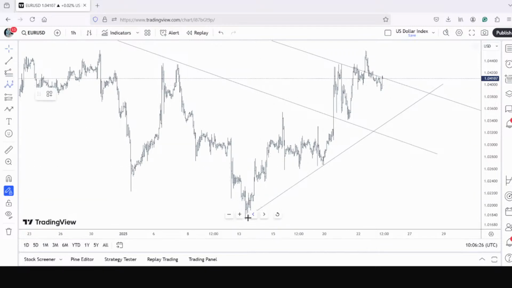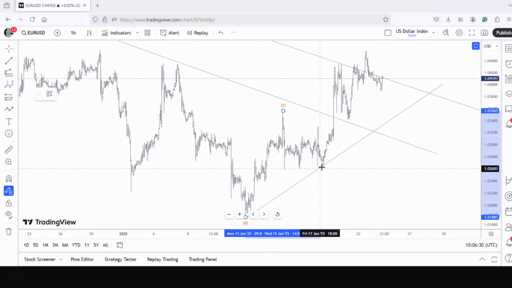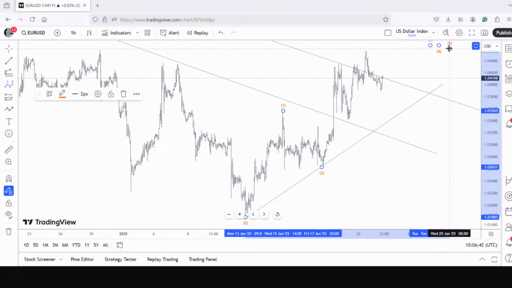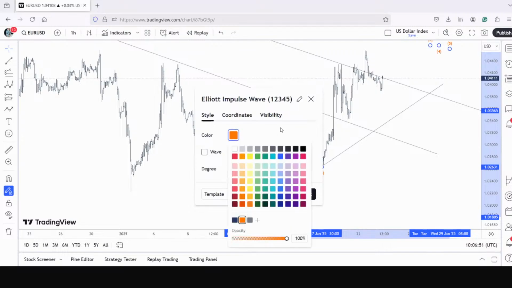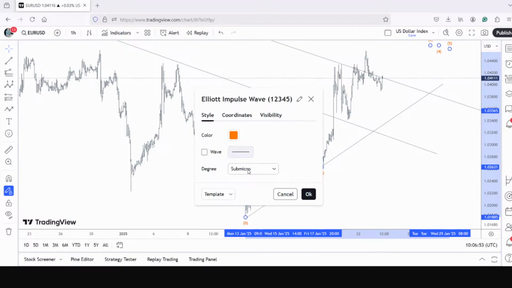Okay, now let's do the waves. We'll stick to wave 1, wave 2, and I need to change the degree here, just a moment. That is sub-micro. The color will remain the same.